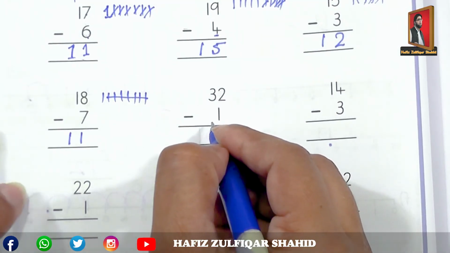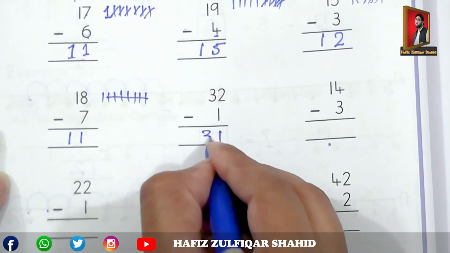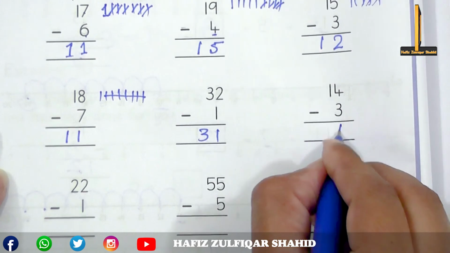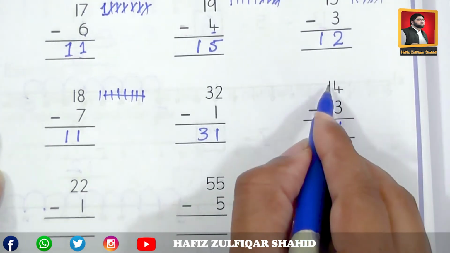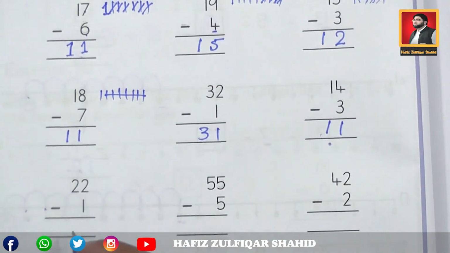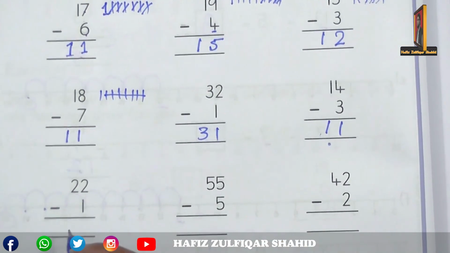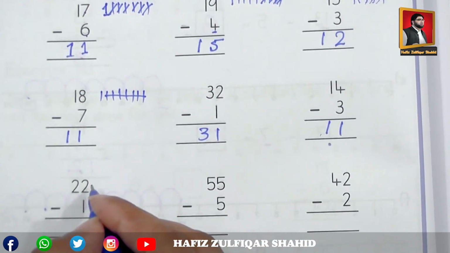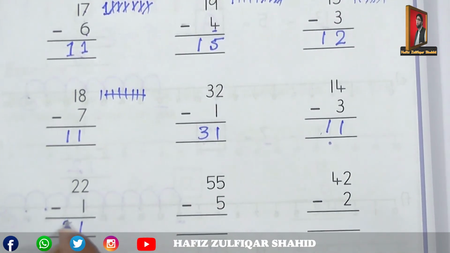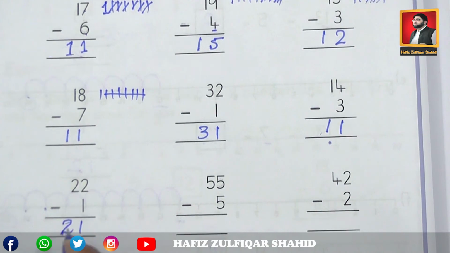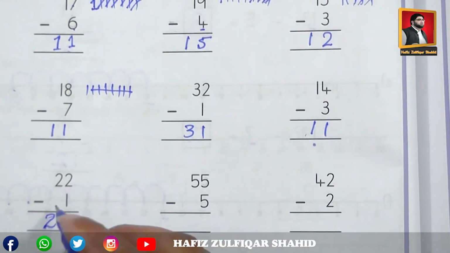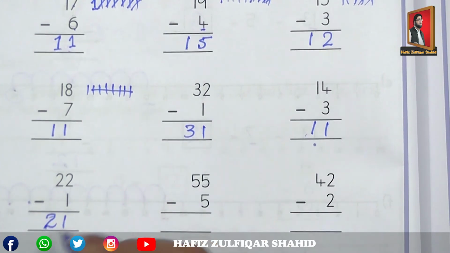When we subtract 1 from 2, answer is 1. When we subtract 3 from 4, answer will be 1. And the number in tens will be written as it is. Subtract 1 from 2, answer will be 1. Put down 2 as it is.